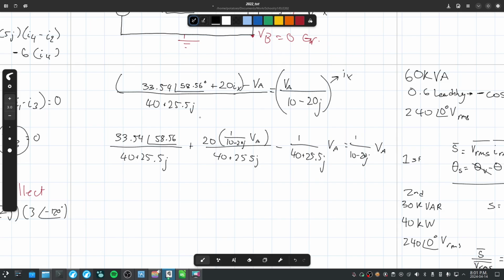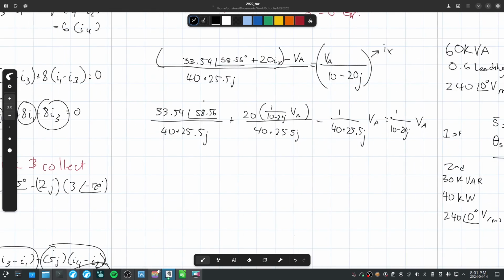Okay, let's see if I did my math right. 33.54 with a phasor of 58.56 over 40 plus 25.5j. Oh wait, I did mine in rect form.